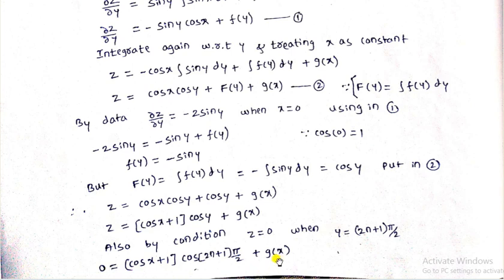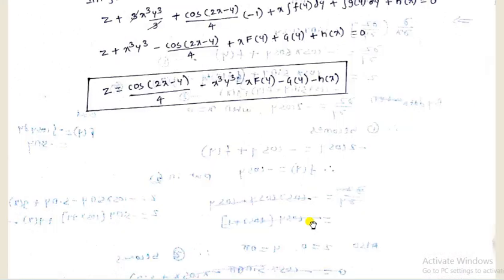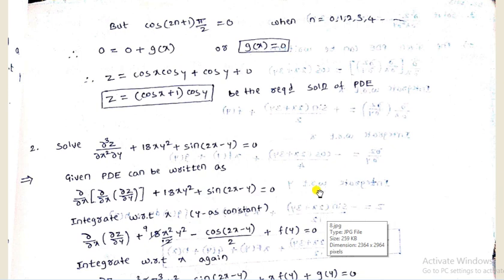Now substituting g of x equal to 0 in this equation, which gives z is equal to cos x plus 1 plus 0. So if you take cos y as 0, cos x plus 1 into cos y is the required solution.